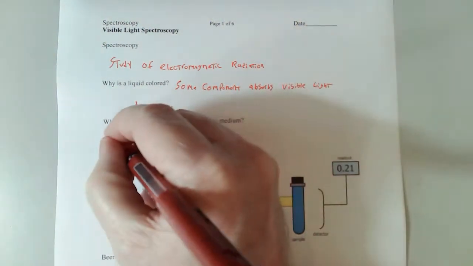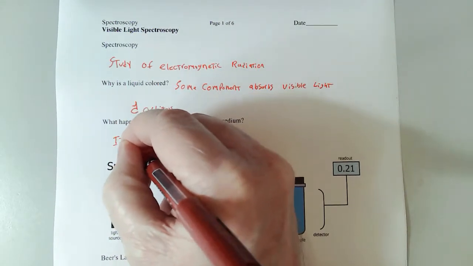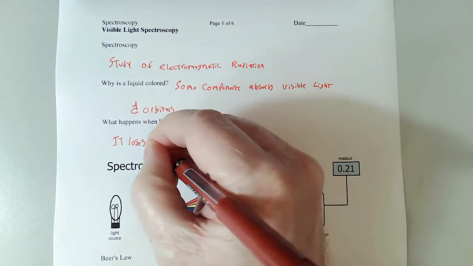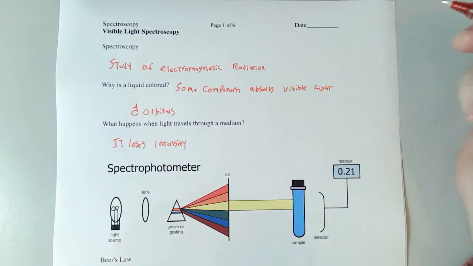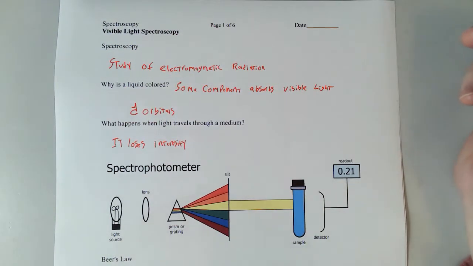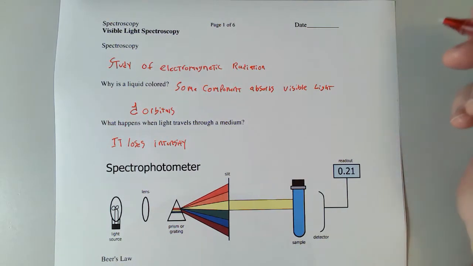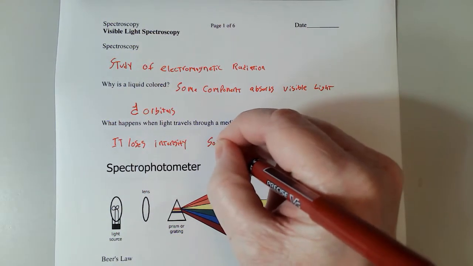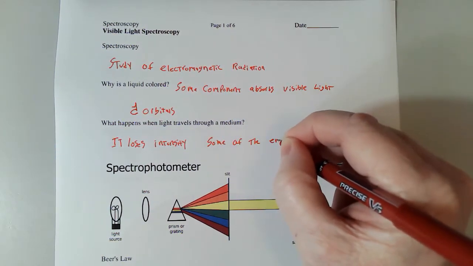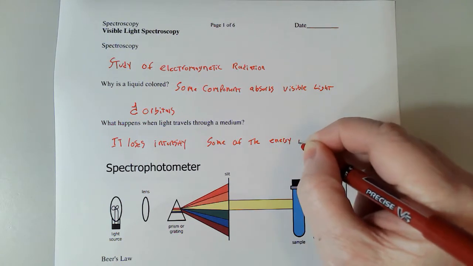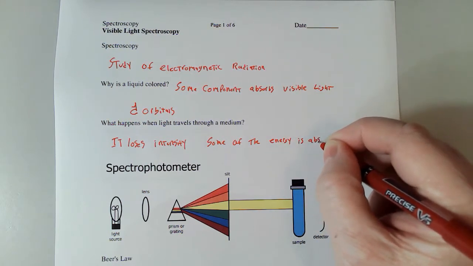So it loses intensity. Now you might be using the word brightness when talking about intensity. So some of the energy is absorbed.